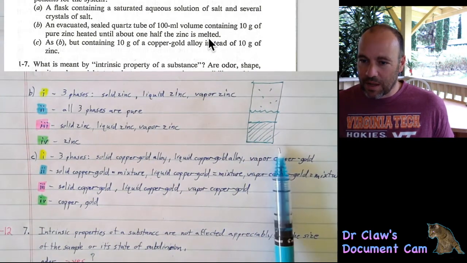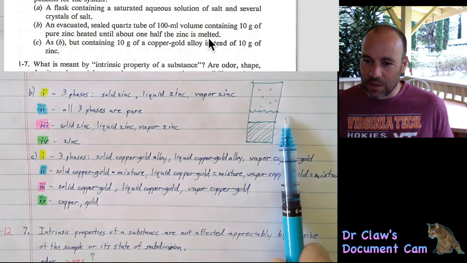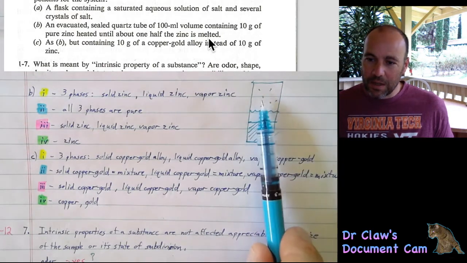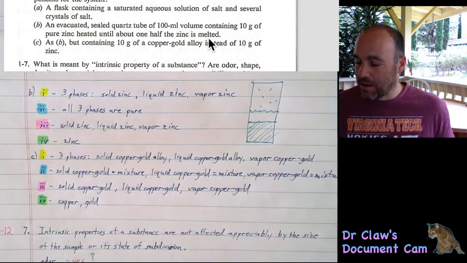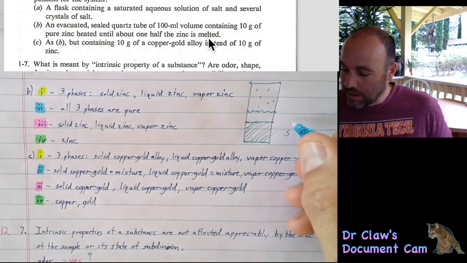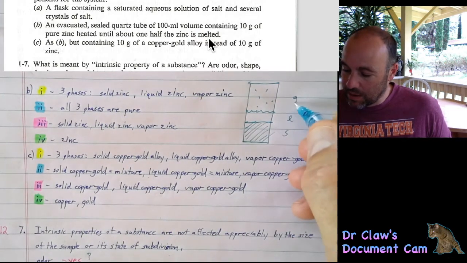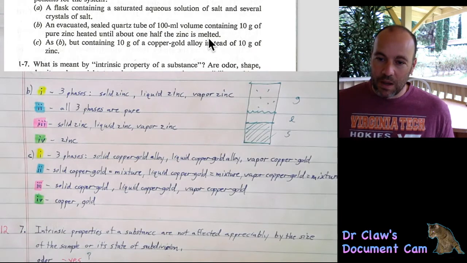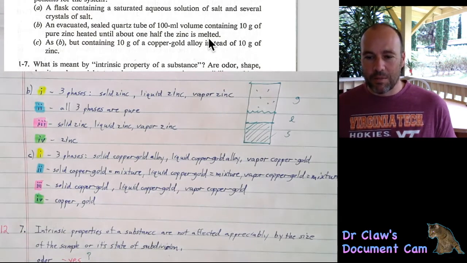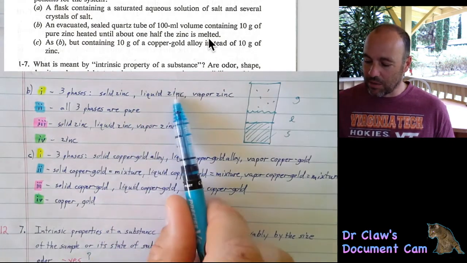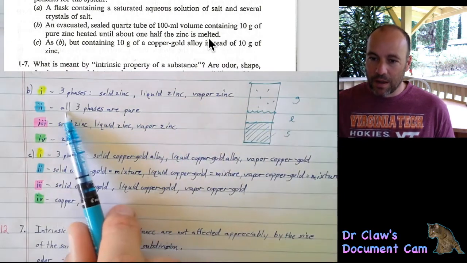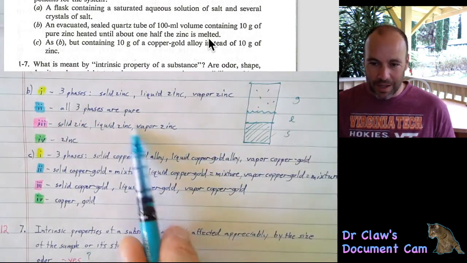You have the solid, the liquid zinc right here, and then I imagine there would be a tiny bit of zinc vapor up there. So I think there would be 3 phases: the solid zinc, the liquid zinc, and the vapor zinc. All 3 phases are pure, they're just zinc.